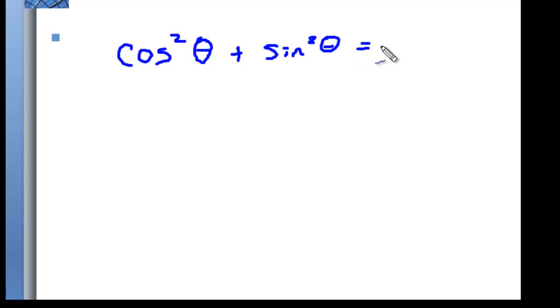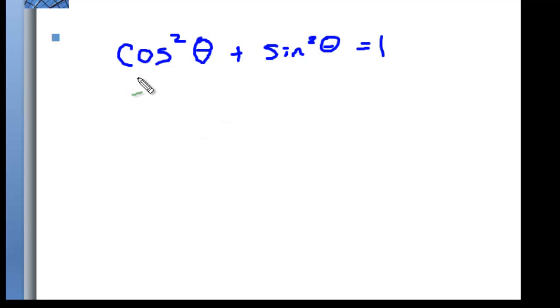And in trigonometry, cosine squared is written like this. So cosine squared theta plus sine squared theta equals 1. And that's a very basic identity. From this identity, we can derive easily two others.